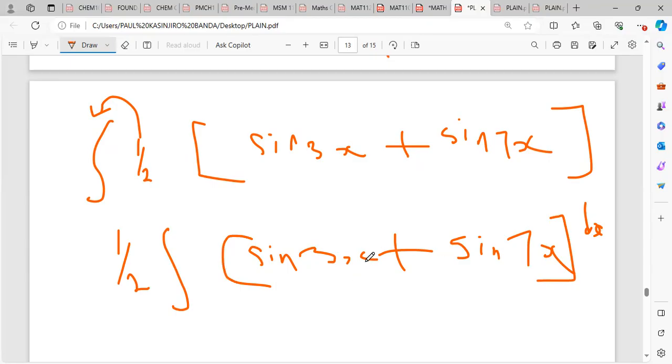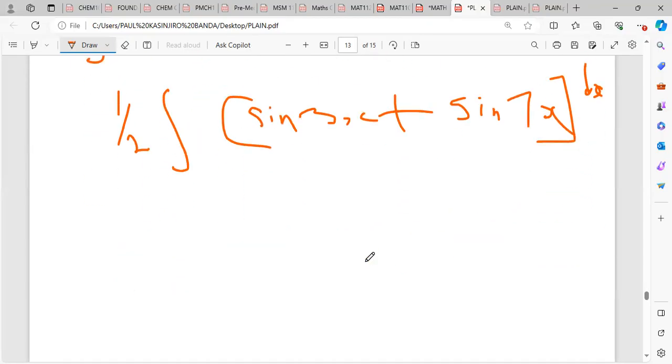It's very easy to integrate a sine. The integration of the sine always gives us cos. So if you integrate a sine, you are going to get a negative cos.